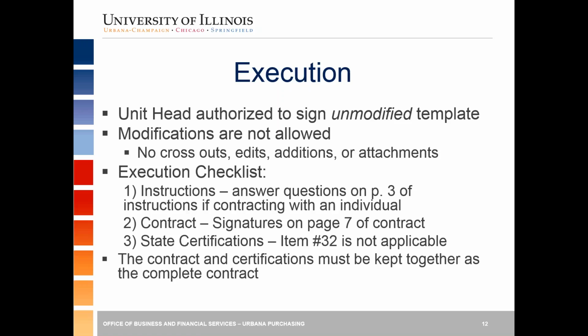And finally, there are state certifications that follow the main contract document. Please note that certification number 32 is not applicable, so the vendor does not need to check the box there. However, all 3 items, the instructions, the contract, and state certifications, must be kept together as the complete contract.